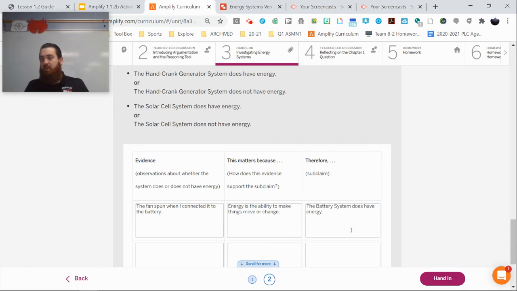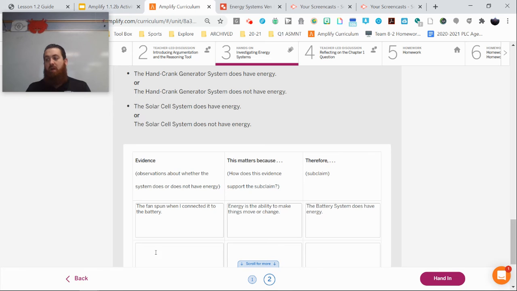Now, this is a little choppy. It's missing something that connects everything together, okay? Some idea that helps bridge the gap between the fan spinning and the battery system does have energy. So energy is the ability to make things move or change, okay?